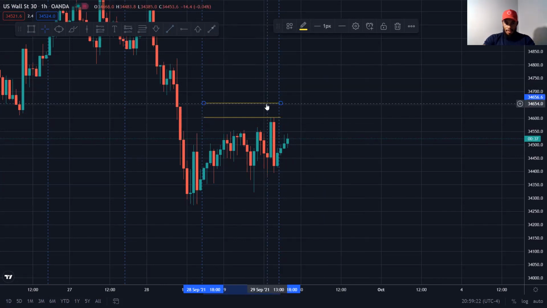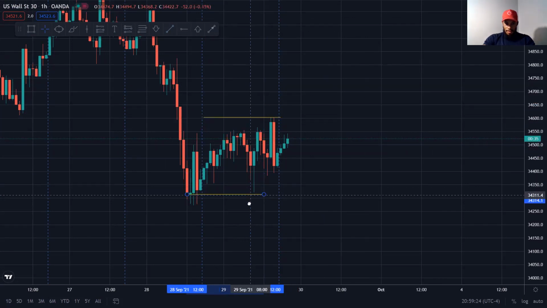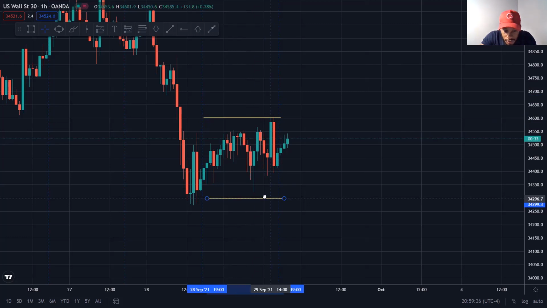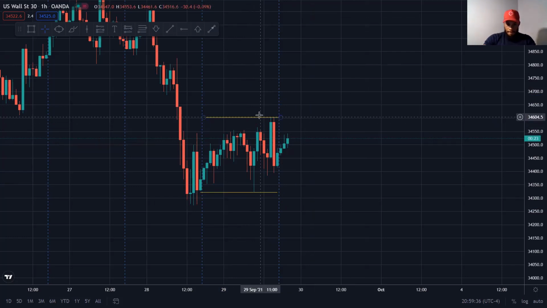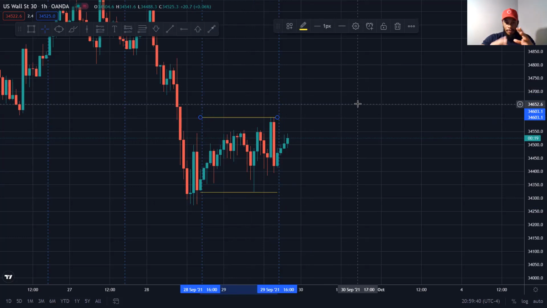Let's duplicate that line and bring it down. Now you have to pay close attention. Here is the lowest low of the previous day. All right, now we have found our highest highs and our lowest lows of the previous day.